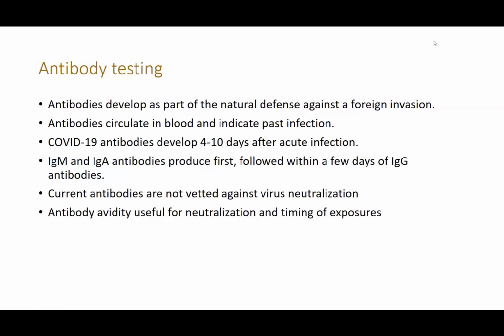The important thing to recognize is that right now, we don't know for sure if antibodies circulating in blood are virus neutralizing, and this is pretty much the focus of my talk. At the moment, we can only conclude that they indicate the presence of a past infection.